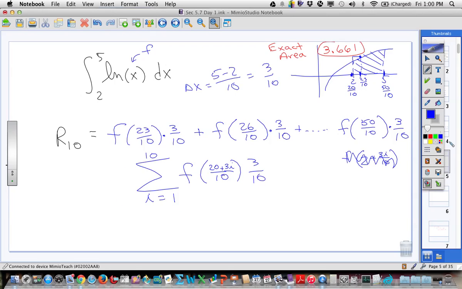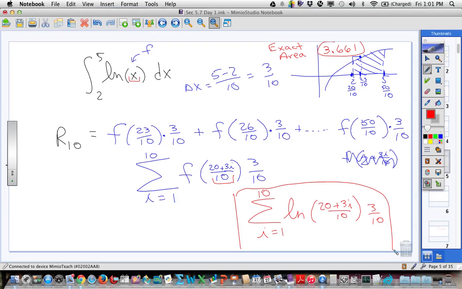And then the last step, yesterday we said let's take it out of F notation and put it into our function. So we take this stuff here and we plug that in there for the x. So ln of 20 plus 3i over 10 times 3/10. Now, you want to put that in the calculator, somebody? See what we get?